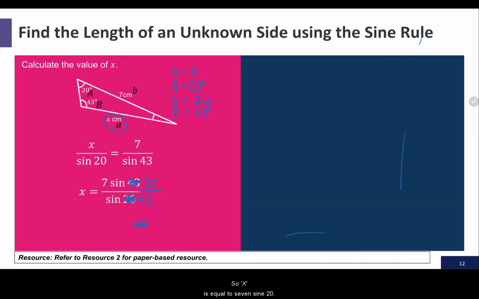So x is equal to 7 sine 20 divided by sine 43, and therefore x equals 3.51 centimeters.